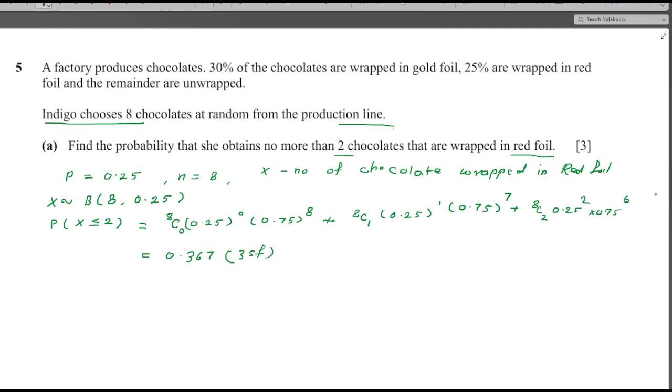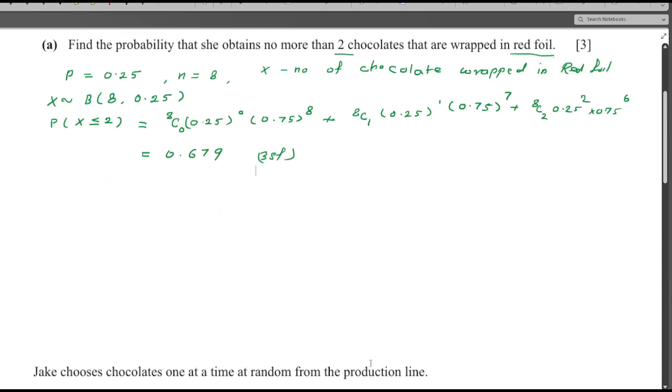Okay, so to this I will add 8C2 times 0.25 squared times 0.75 power 6. The result is 0.679 in three significant figures. This is now our result, 0.679.